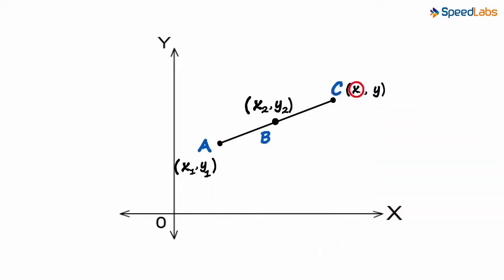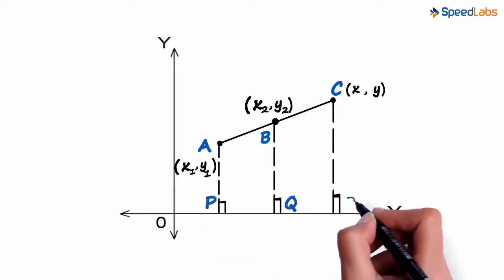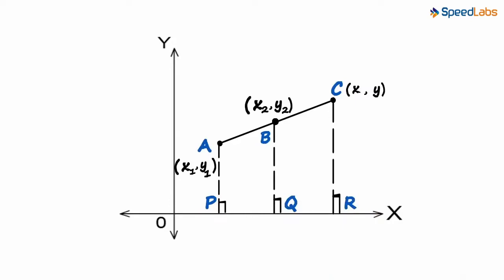To find the x-coordinate of point C, we use the same technique we used for the internal division proof. We draw the perpendiculars from all 3 points onto the x-axis. They meet the x-axis at points P, Q and R. As all points lie on the x-axis, their y-coordinates will be 0.